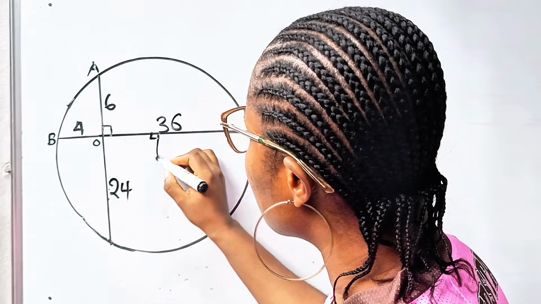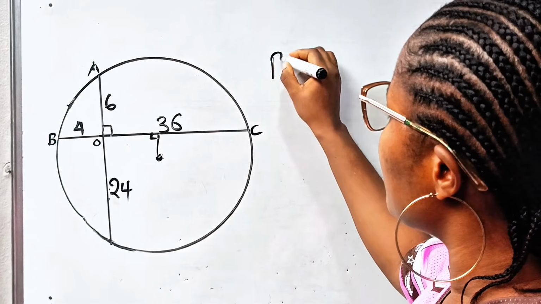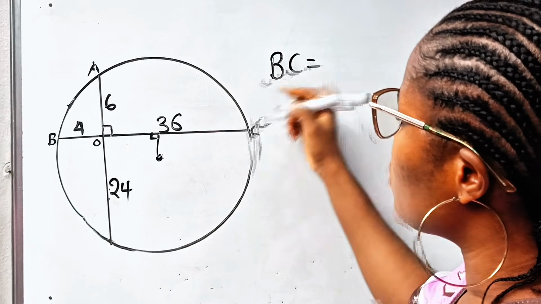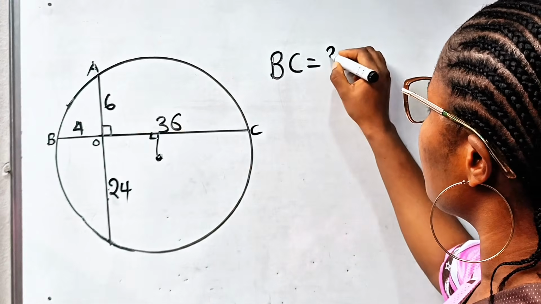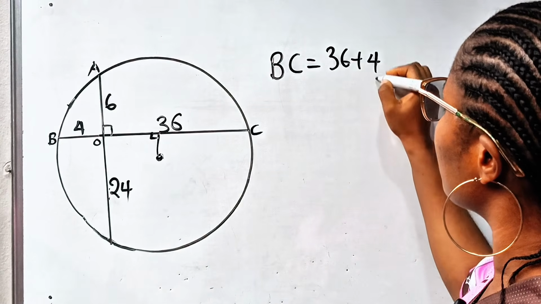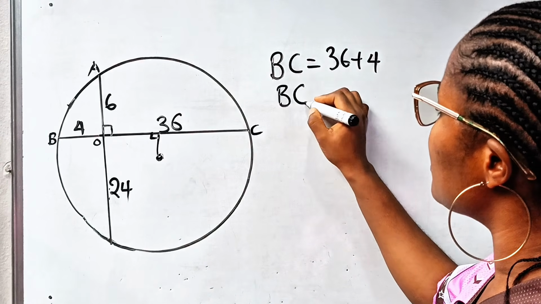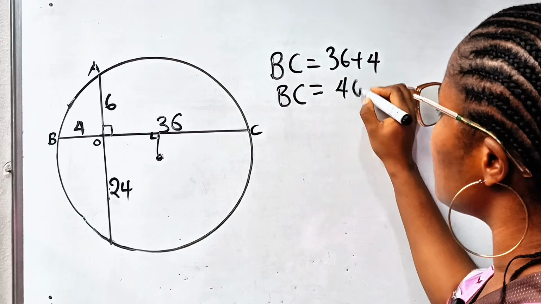So what that means is that BC is equal to 36 plus 4. So it means that BC is equal to 40.